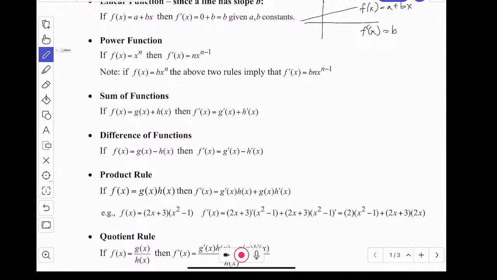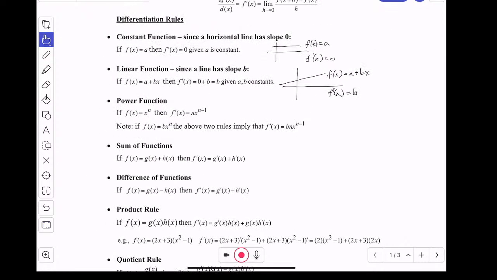So this is like saying, I'm just going to make one more drawing. We started with a constant, I made a line, and now I'm going to make a curve.